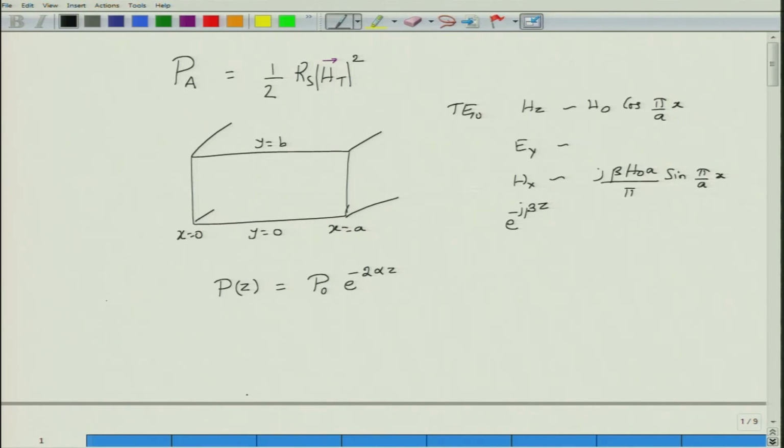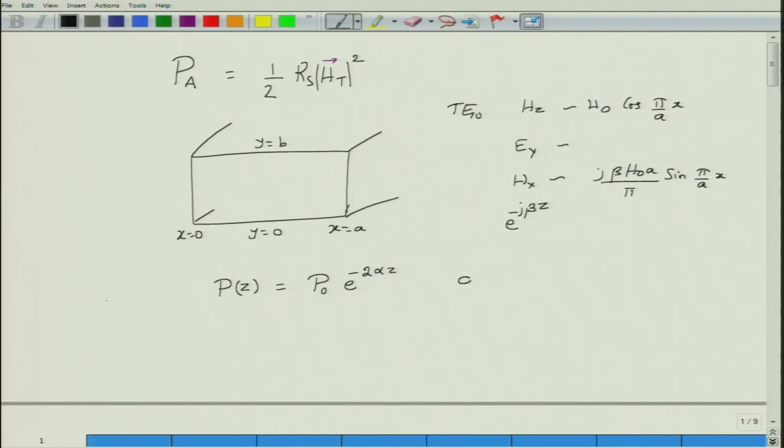If the attenuation coefficient for the field is e power minus alpha z, the power goes as e square. We have seen this in the case of a transmission line with losses as well. So, you have P0 e power minus 2 alpha z as the power that attenuates as the electromagnetic wave propagates through the waveguide.